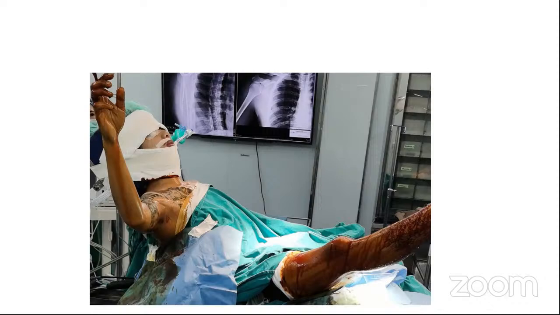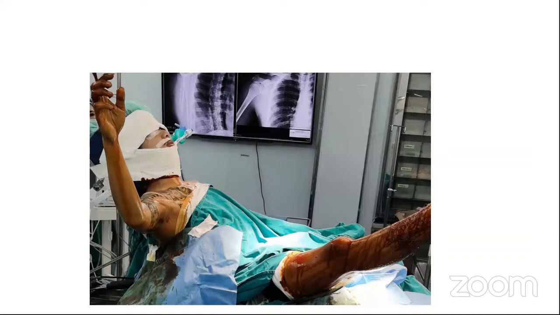They will do a tenodesis of the long head of the biceps, based on whether the patient is young or old. Or they just leave it like that, because if you just leave it, a patient will develop a biceps bump, which in the elderly doesn't matter. But young patients may be concerned about that.